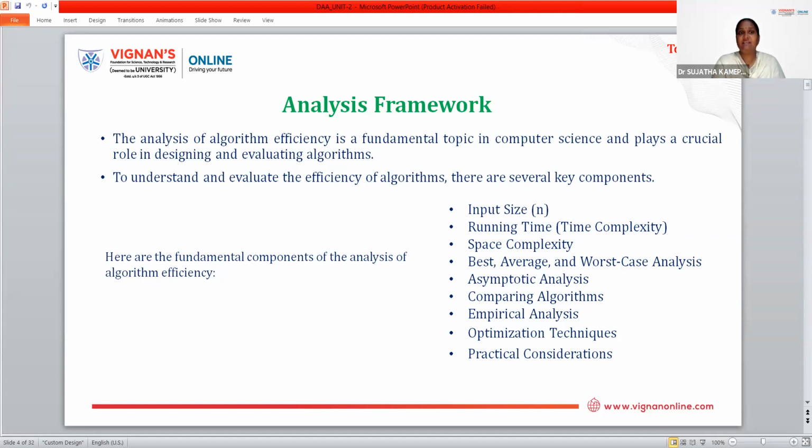To understand and evaluate the efficiency of algorithms, you can use a structured analysis framework that consists of several key components.